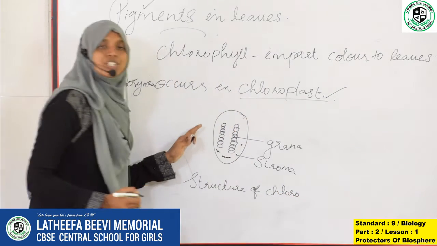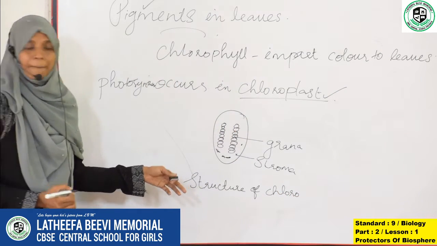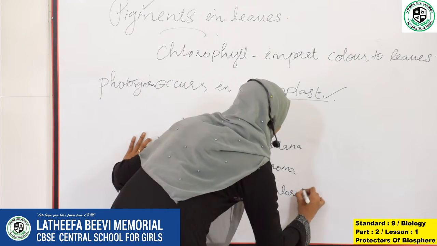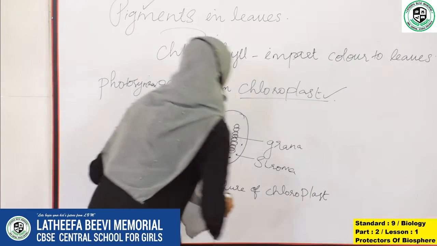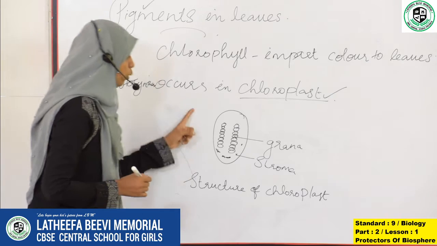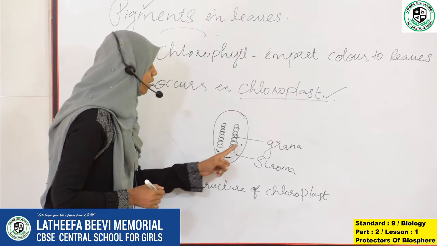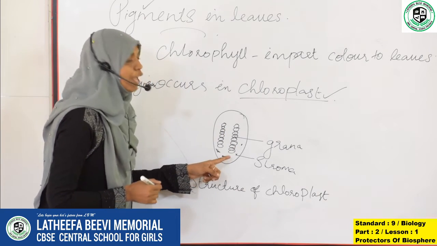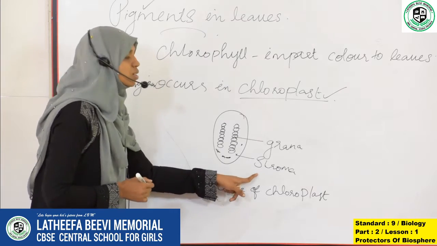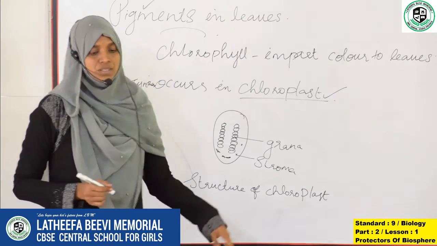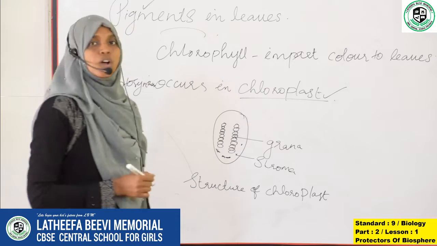You can see this picture in your textbook. You also check that. In the chloroplast there are brick-like structures called grana, and there is a fluid-like substance called stroma. So this is about the structure of the chloroplast.